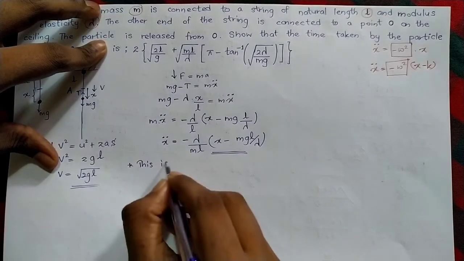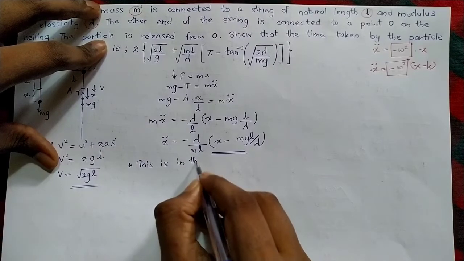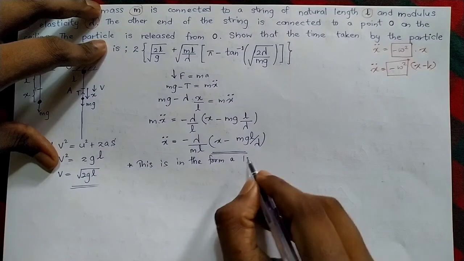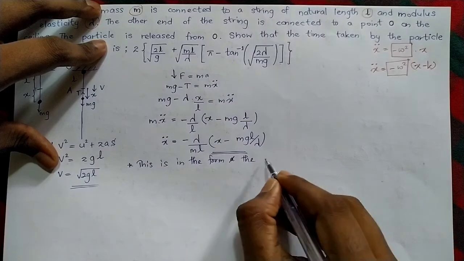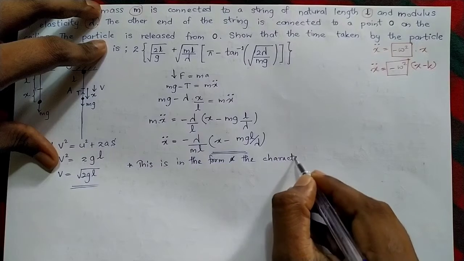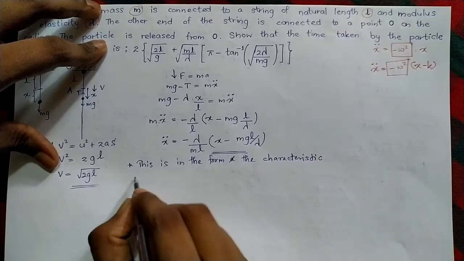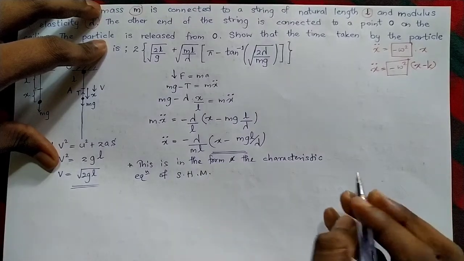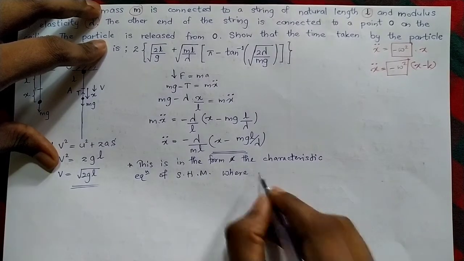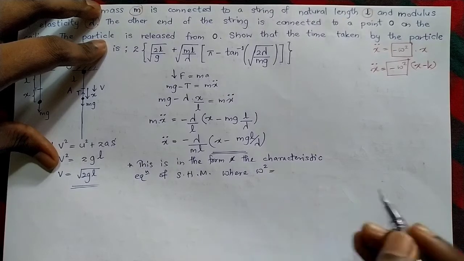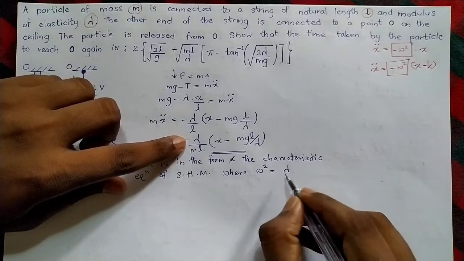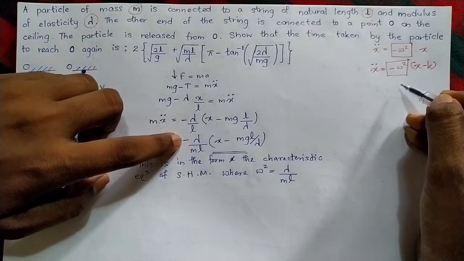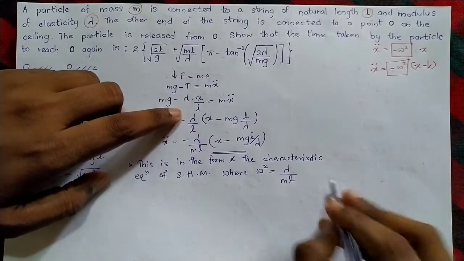This is in the form of characteristic equation of simple harmonic motion, where we have to mention that constant omega square is equivalent to lambda over mL. Here we have minus omega square, therefore minus can be neglected.